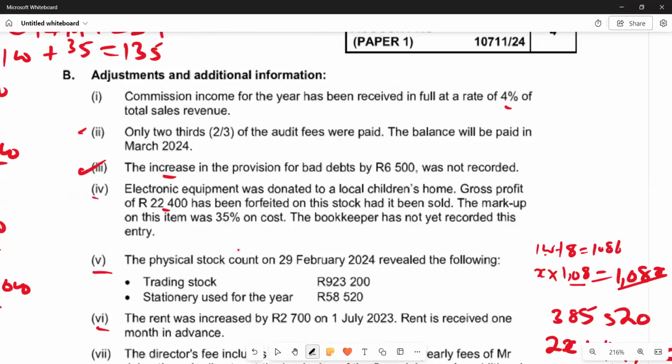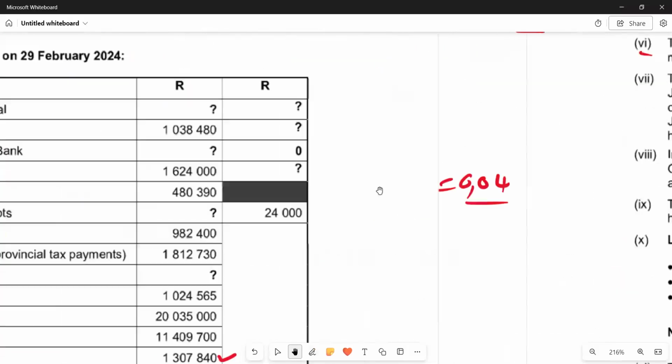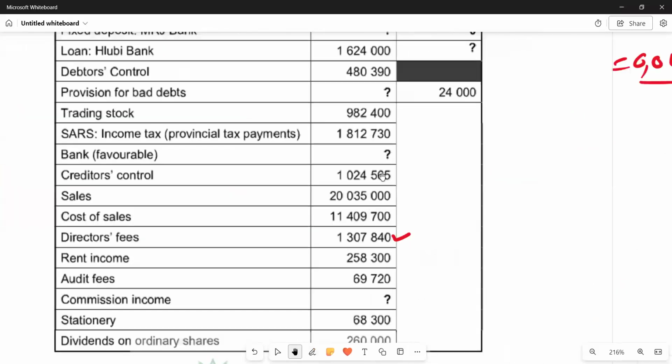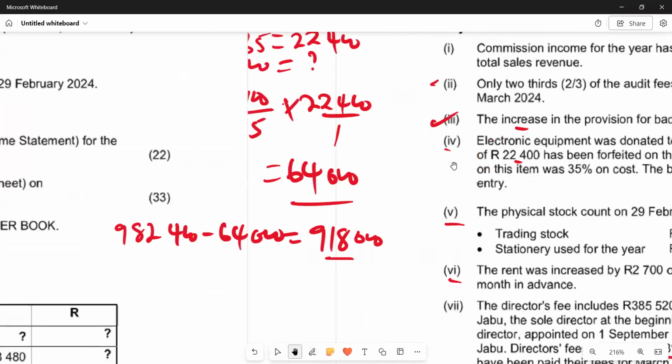The balance will be paid in March 2017. We check the amount there that we have, and then we can come up with the one that is applicable. Then we have audit fees 69,720. So this is the figure that we are taking.